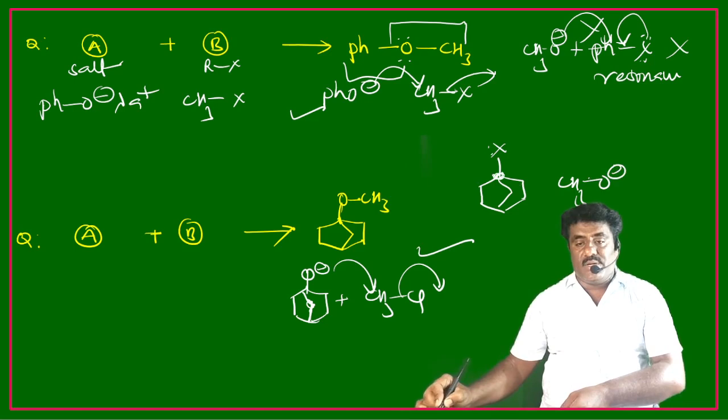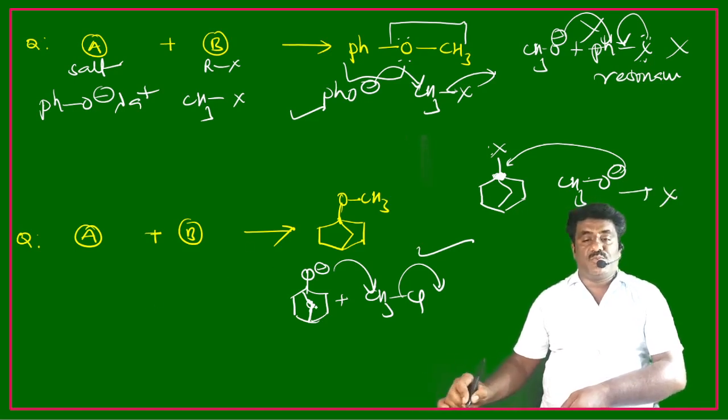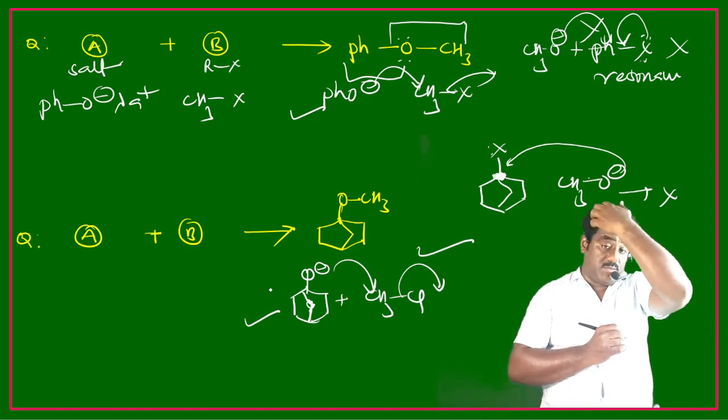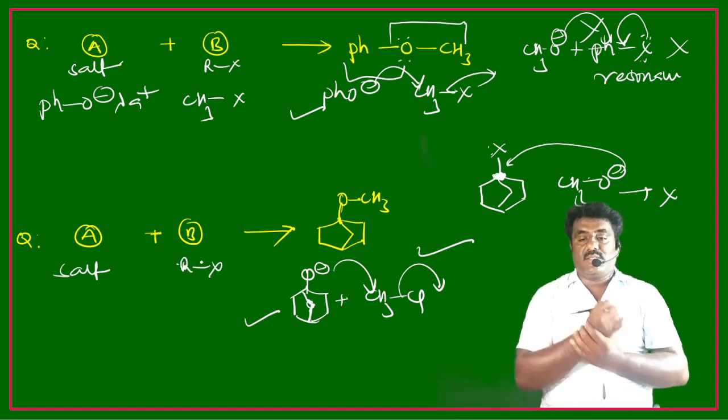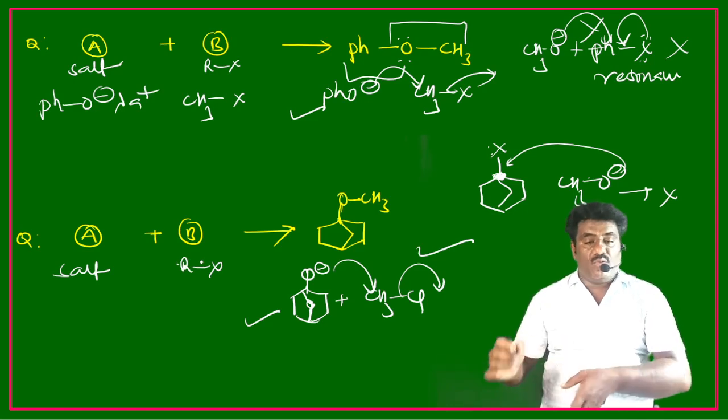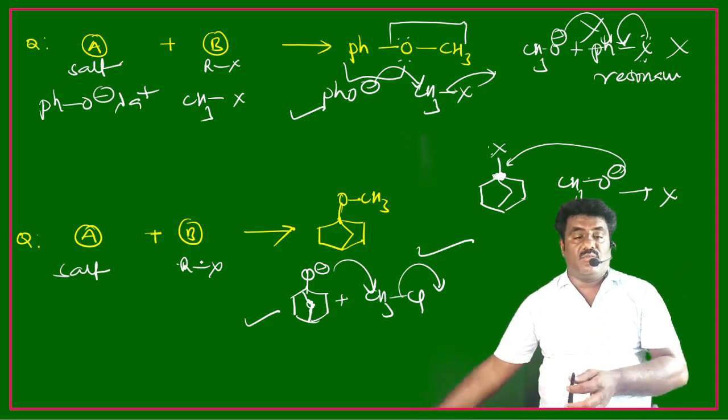Here this is the bridgehead carbon, so the methoxide ion cannot attack it. O minus does not attack the bridgehead carbon; it is not possible. This is the possible one: this is the salt and this is the alkyl halide.